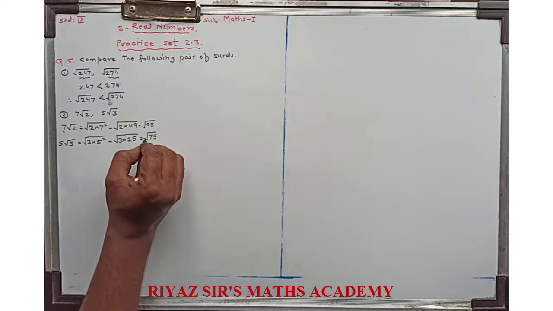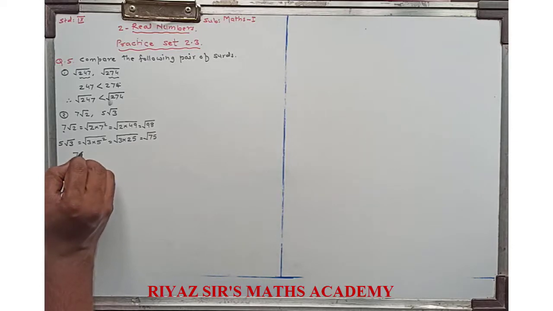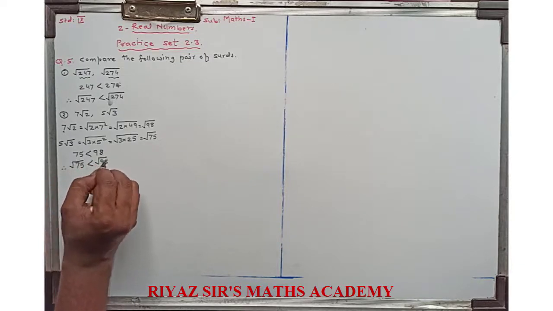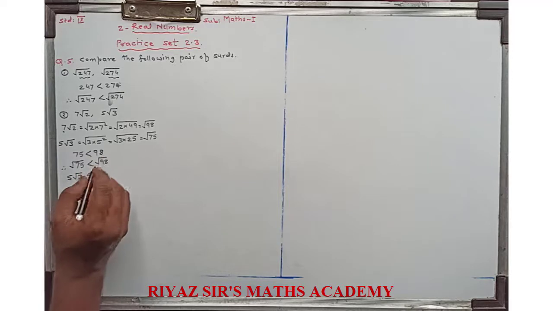So here order is the same, coefficient is also the same for both the surds, root 98 and root 75. Just compare them. So here 75 is less than 98, and therefore root of 75 is less than root of 98. But root 75 is nothing but 5 root 3. So we can write here 5 root 3 is less than root 98, that comes from 7 root 2.